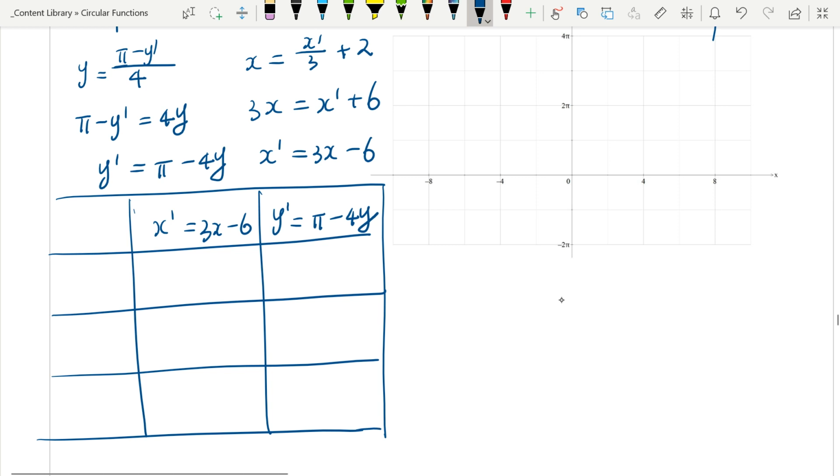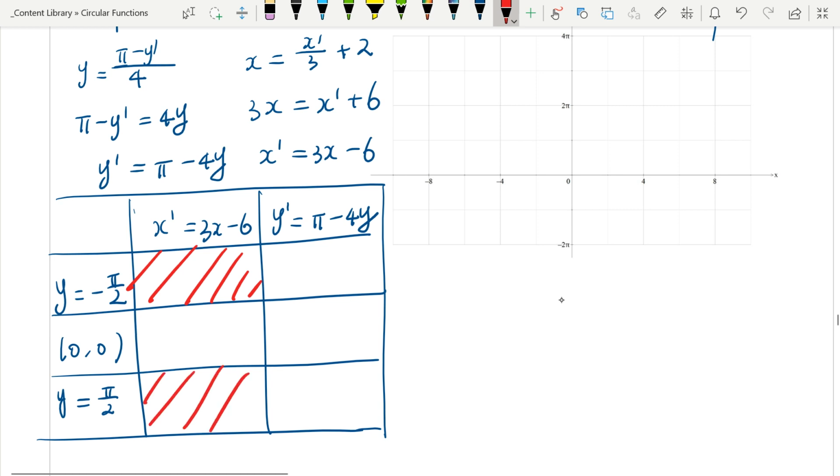What are the three key features of tan inverse? Origin, y equals pi over 2. Yeah, y equals minus pi over 2. Thank you. When we talk about tan, we don't talk about those two x values because there's no x component involved. It's only y that gets involved, like for the asymptotes.